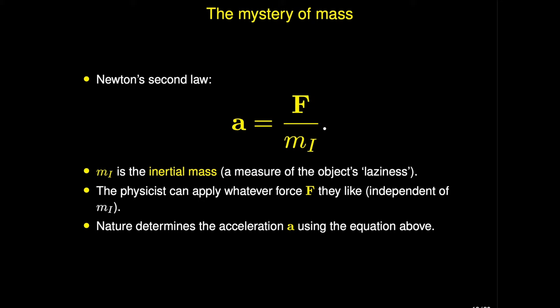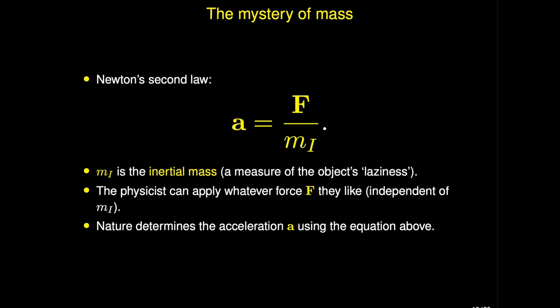Why are we saying that? Well, if you look at Newton's second law as it's written here, imagine I have some object, say a book sitting on a table, and I try to push or pull the book along the table. Let's suppose I apply a force to the book, say a 5 Newton force.